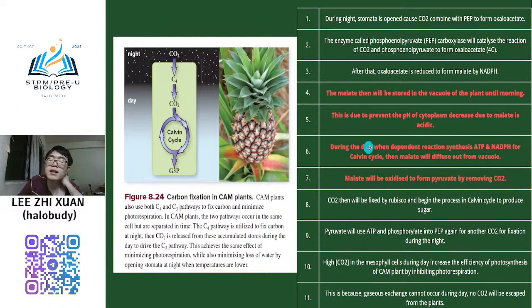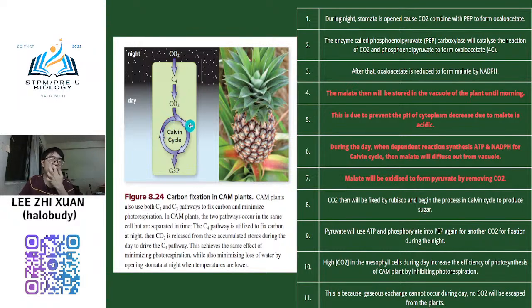And then during the day, they already have energy. ATP and NADPH are already produced. This malate will diffuse out from the vacuole, and then be oxidized to form pyruvate and release carbon dioxide. This carbon dioxide is then used in the carbon cycle. So this just increases the carbon dioxide concentration in the plant.